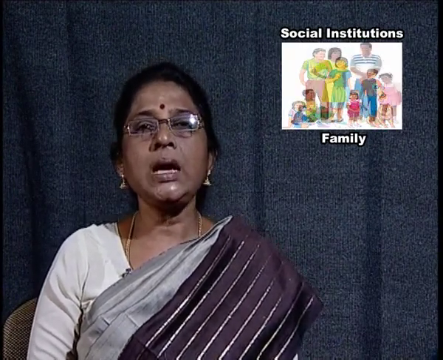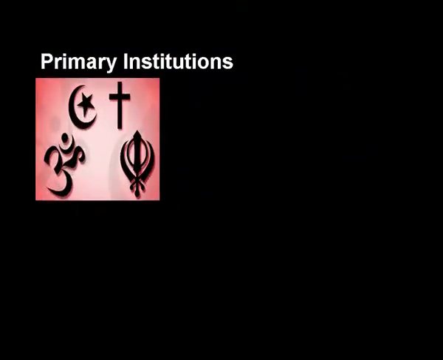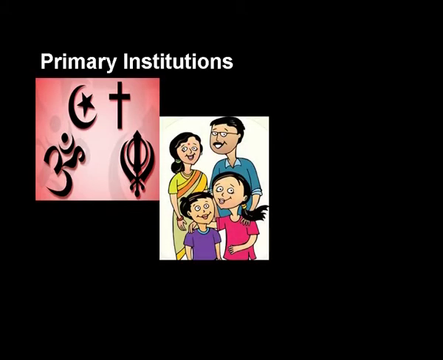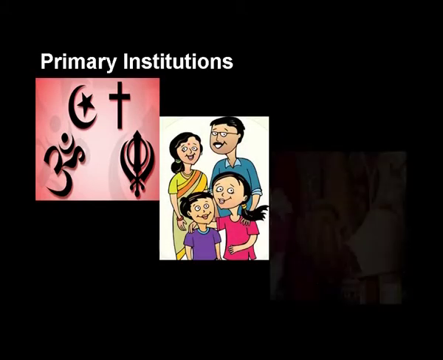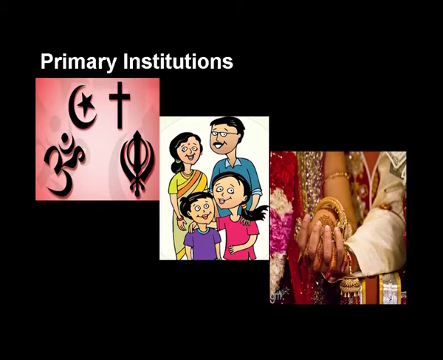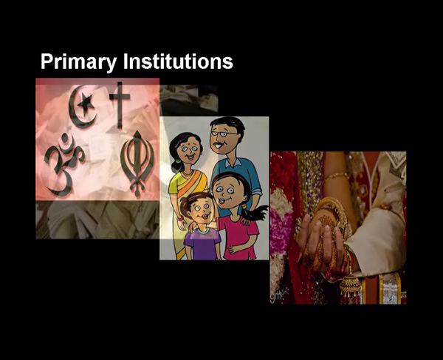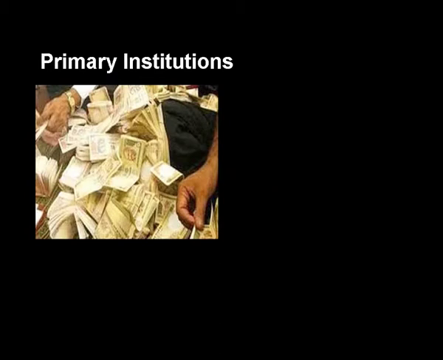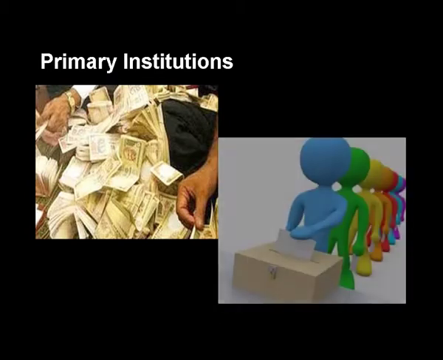Classifications of institutions. Institutions are classified into two categories. They are primary institutions and secondary institutions. Institutions like religion, family, marriage, economy and some forms of political systems are primary in character. They are basic to human life.